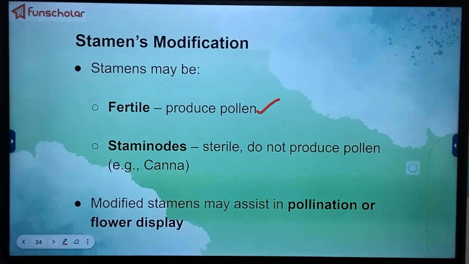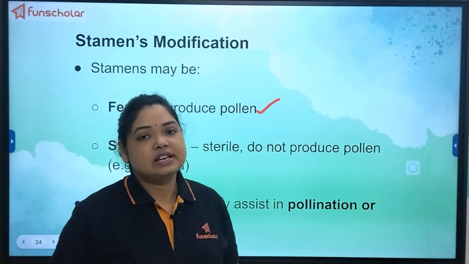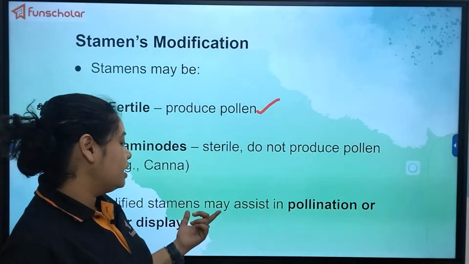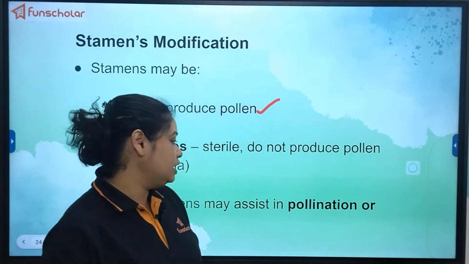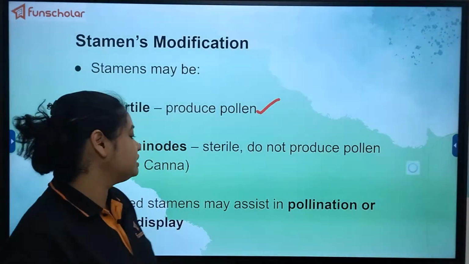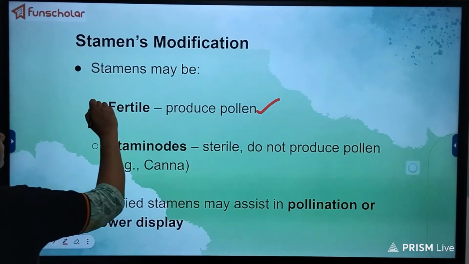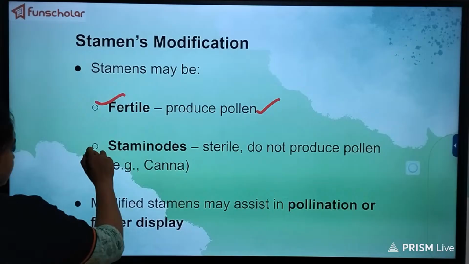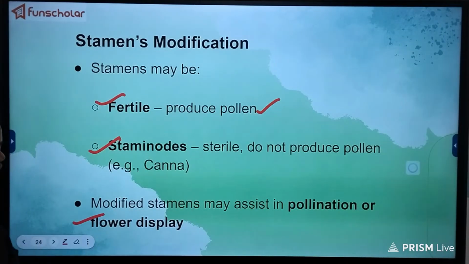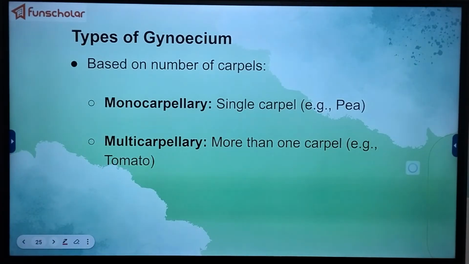Modified stamens may assist in pollination or flower display. So since the stamens can be colorful also, they can also help in the pollination purpose. This fertile stamen, when they produce the pollen, will participate in pollination purpose, but when they are staminodes, they will participate in flower display purpose.